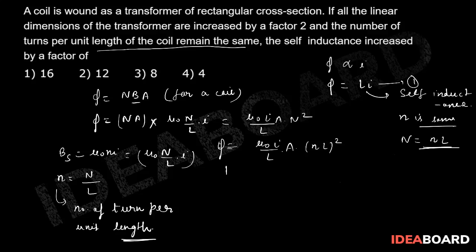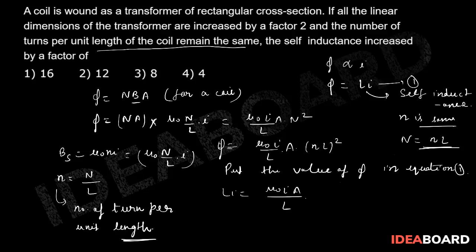So put the value of phi in equation number 1. So you get L I is equal to mu naught I A divided by L into n square L square. So we get L is equal to mu naught into A divided by L into n square L square.